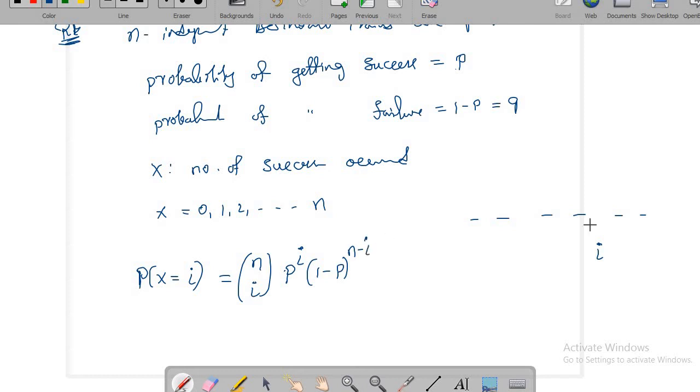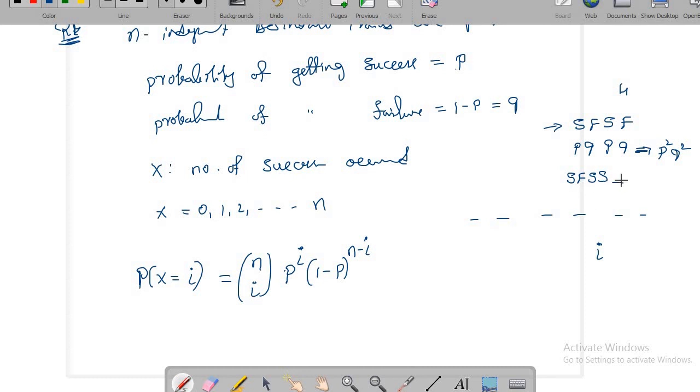See, for example, when you're performing an experiment 4 times, let's say this is how it occurred: success, failure, success, and failure. If you look at the probability of getting this element, the probability of getting success is p, failure is q, success is p, failure is q. So this one you can express as p square into q square. Suppose you have this: success, failure, success, and success.